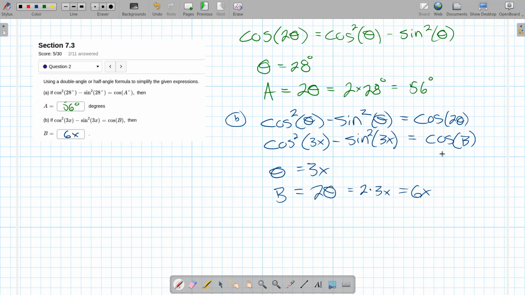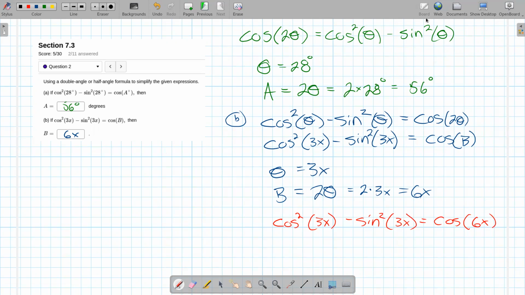And something to keep in mind here, I'm going to rewrite this one more time. Cosine squared of 3x minus sine squared of 3x equals cosine of 6x.